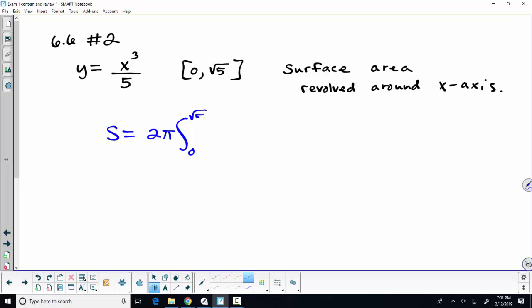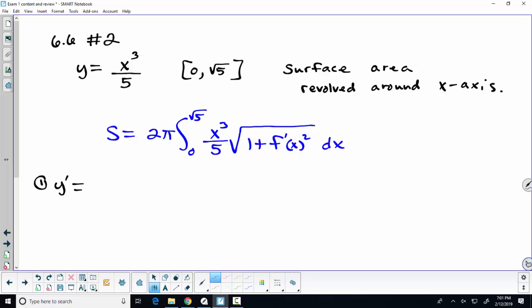So we need to find the derivative, square the derivative, and take the square root. So what is y prime equal to? 3x squared over 5.